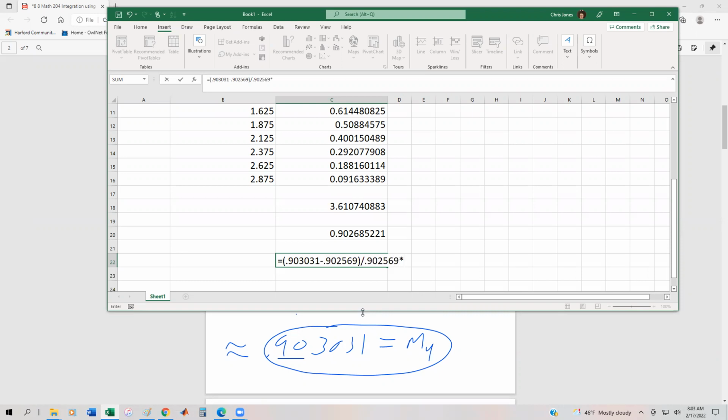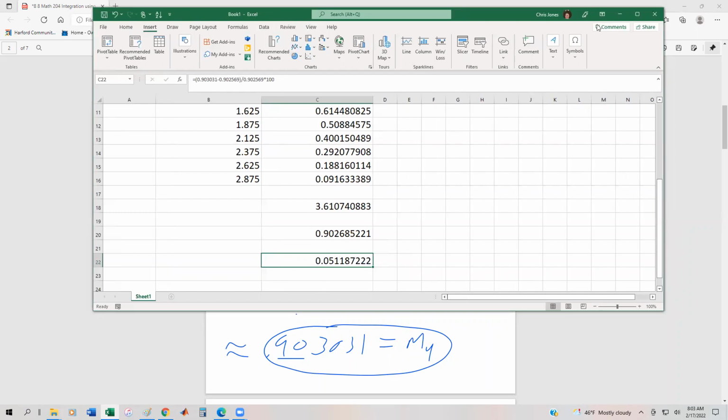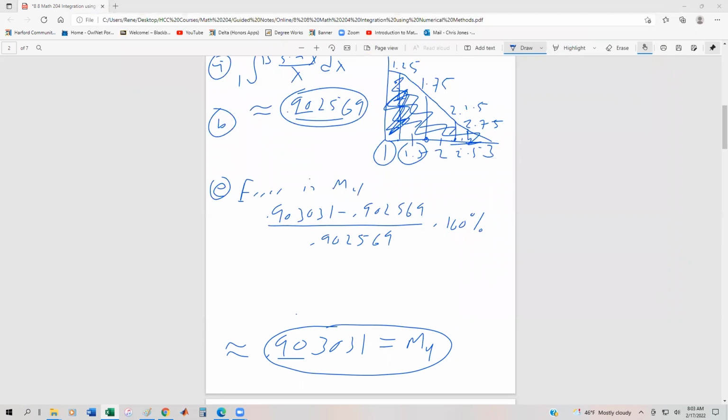We're going to multiply that by 100, and that's going to give us our percent. So this is roughly going to be our 0.05% error, because we did multiply it by the 100% to get that. So it's actually pretty small with respect to the error. The error is approximately 0.051187%. So that's really small.